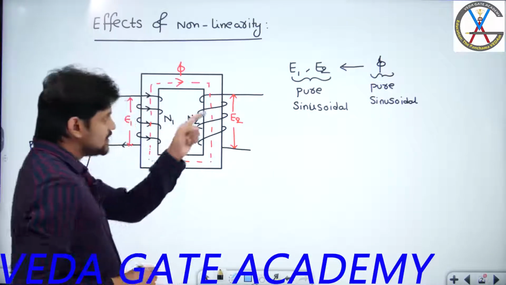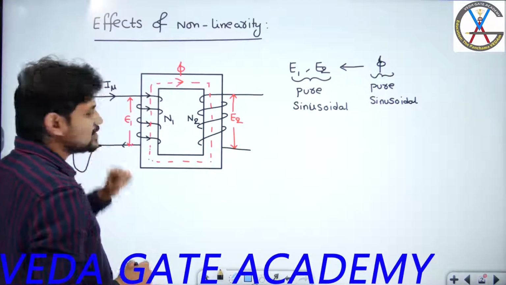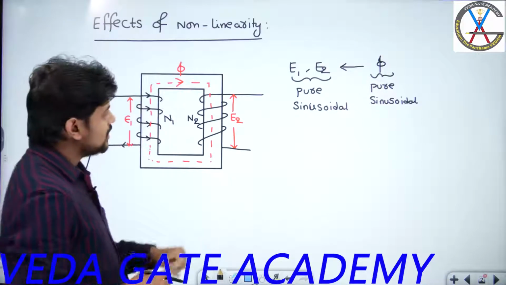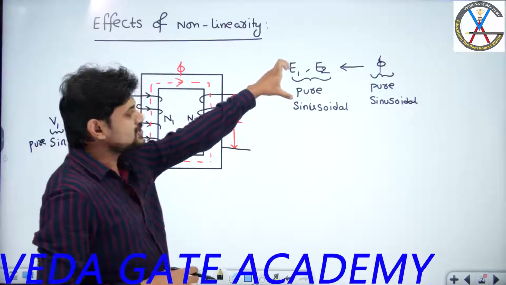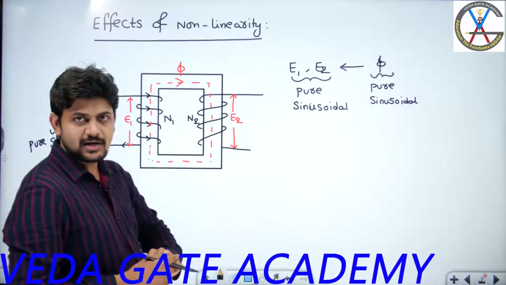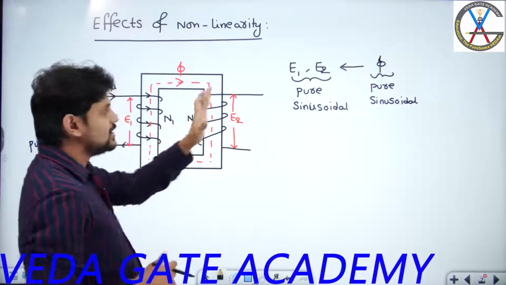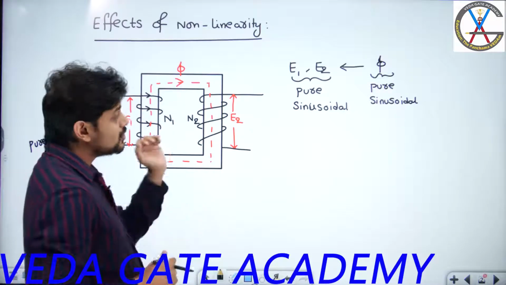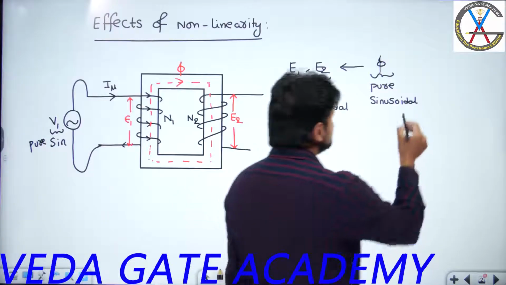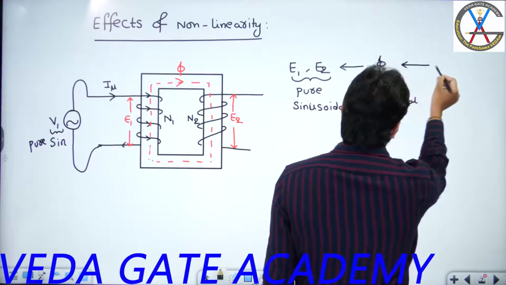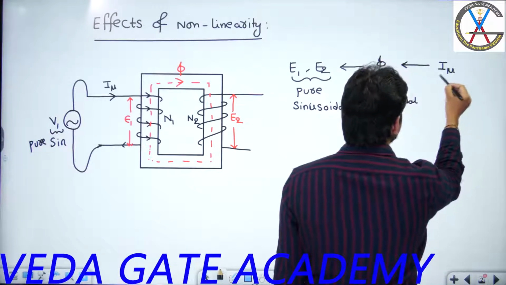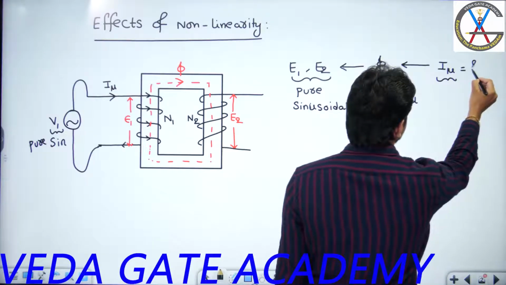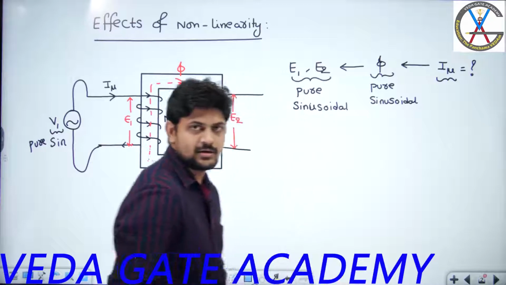This flux is produced because of the magnetizing current. In order to produce pure sinusoidal flux, the next question that comes to mind is: what is the shape of this magnetizing current?